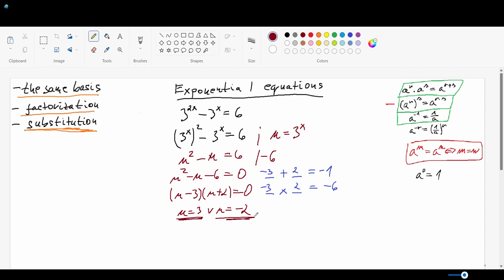So these are the solutions for our quadratic equation we got after the substitution in our very first equation.